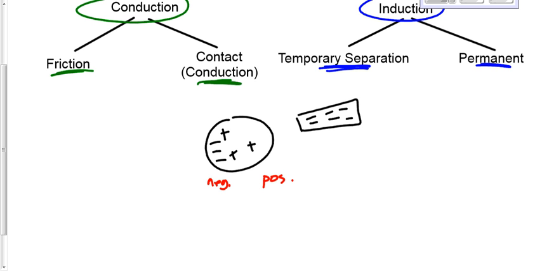I get 3 positives, 3 negatives. It's just that they've separated so that one side is negative and one side is positive. Now, this is a bit of an oversimplification because you'd still have negative over here, but you just have more positive over here than negative and more negative over here than positive.